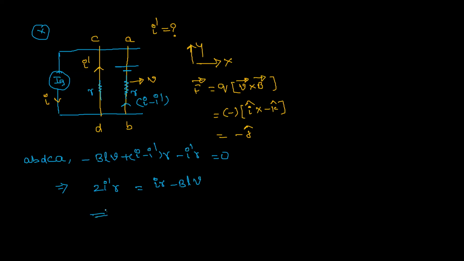So I dash is equal to IR minus BLV upon 2R. We just replaced that moving wire with an equivalent battery, then applied Kirchhoff's second law for this loop. I hope you got clarity.